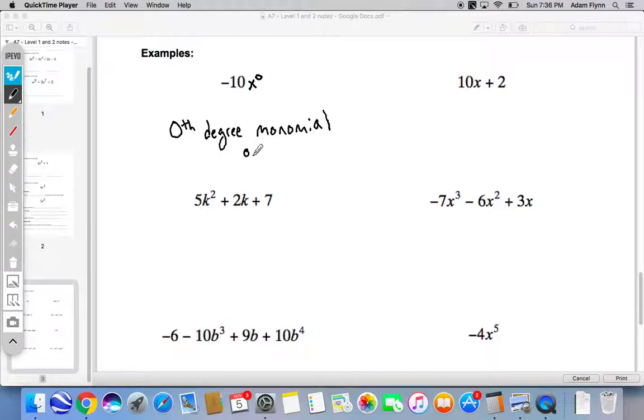Or if we just have a number here and it doesn't appear to have a variable, so that x to the 0 isn't written there like it was in our original example, we can call it a constant monomial.